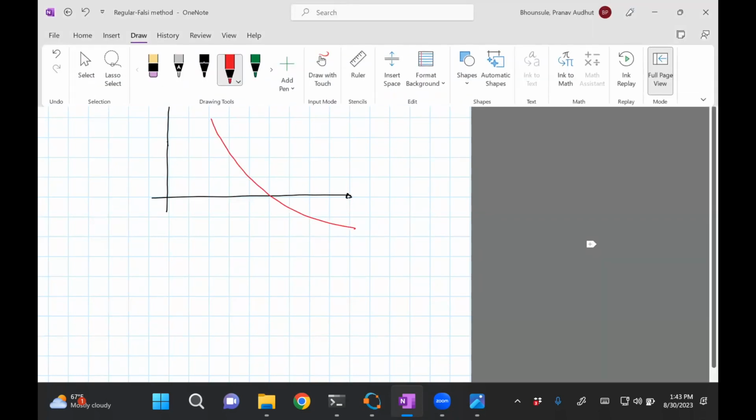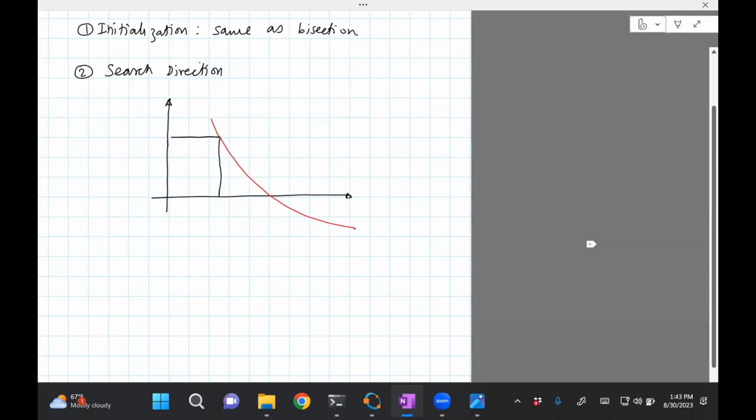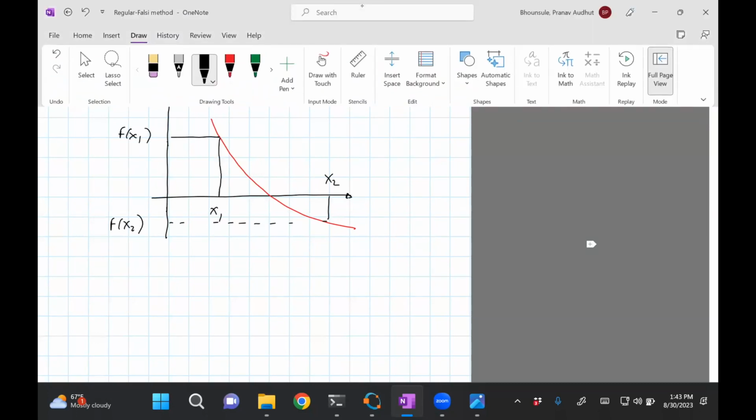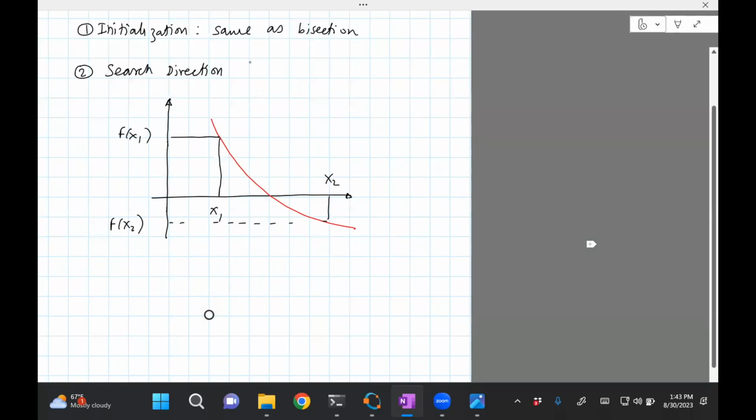The curve, remember, we have to bracket the root in order to use this method. So let's say this is f of x1, this is x1, this is x2. Okay, so what is done is, instead of using x1 plus x2 divided by 2 to choose the initial guess, you actually draw a line between f of x1 and f of x2.